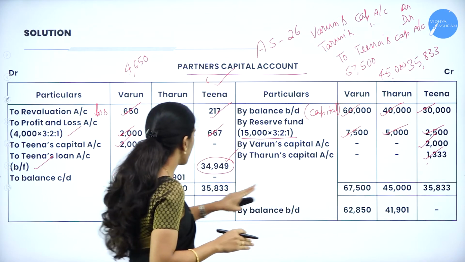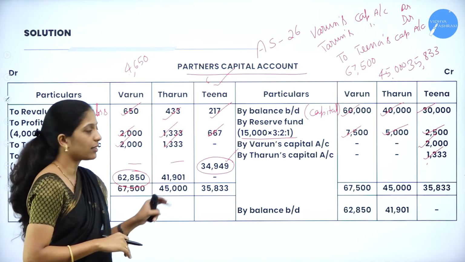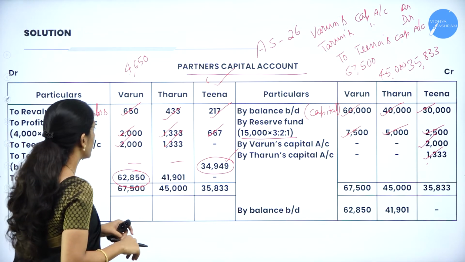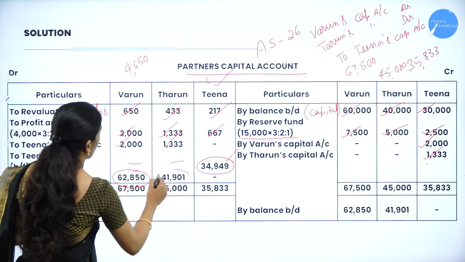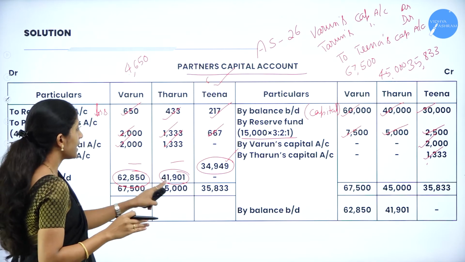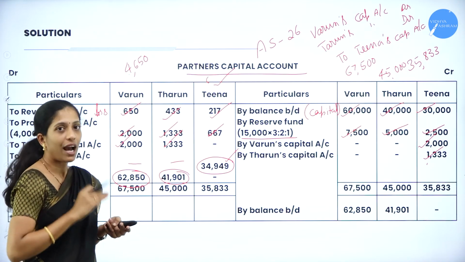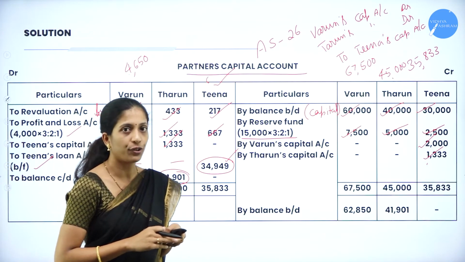So write 45,000 on both sides, minus 433, minus 1,333, minus 1,333. You will get a balancing figure of how much? That is 41,901. So it is also a balancing figure. We have to carry down that balance because they are going to continue in the future.